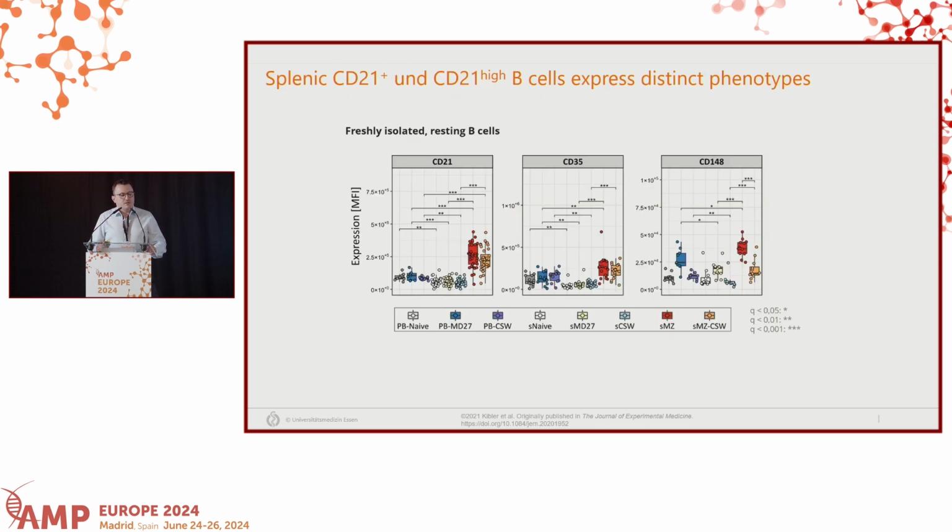Here you can see a phenotypic analysis of the B cell subsets from peripheral blood and spleen that I introduced earlier. As you can see, there are additional markers that distinguish conventional memory B cells and marginal zone B cell subsets, both in spleen and blood.